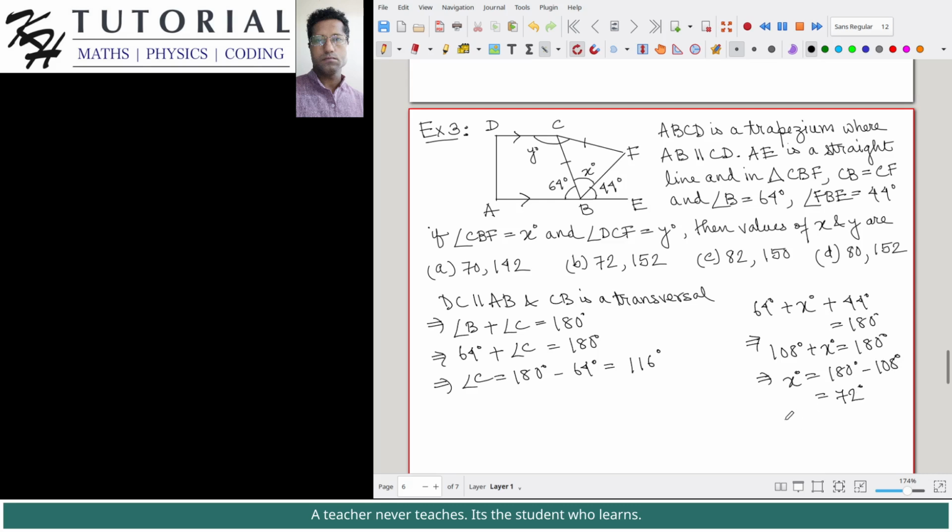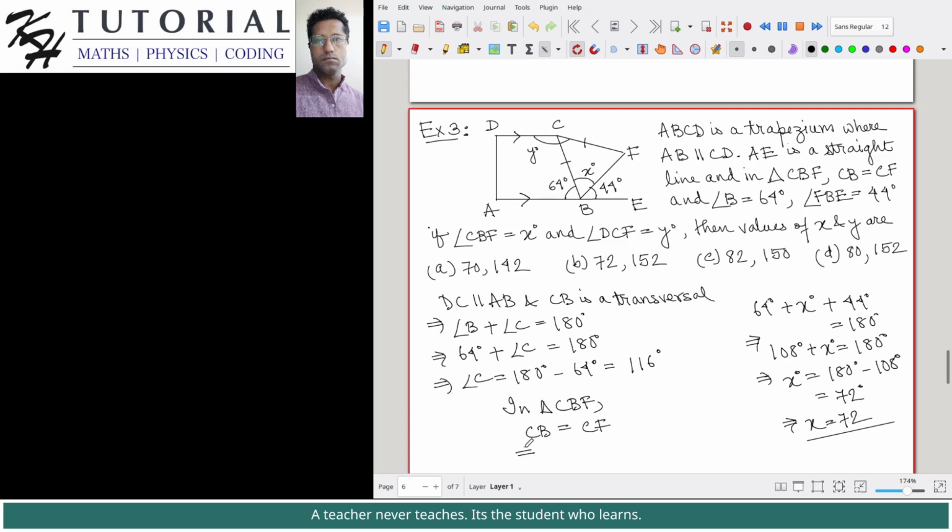We have to find the values of x and y. So we have found x. x degrees is equal to 72 degrees. Now it is given that in triangle CBF, CB is equal to CF.